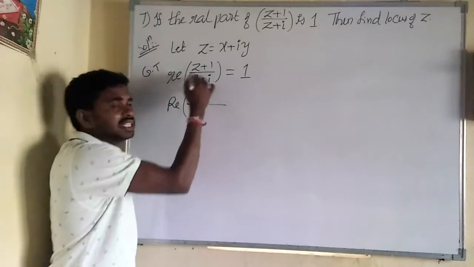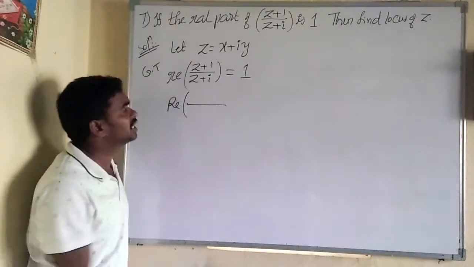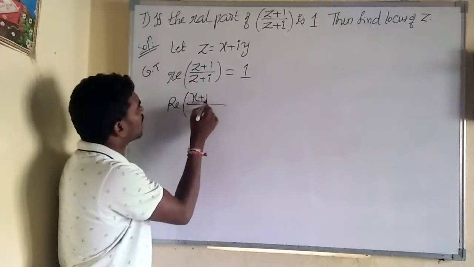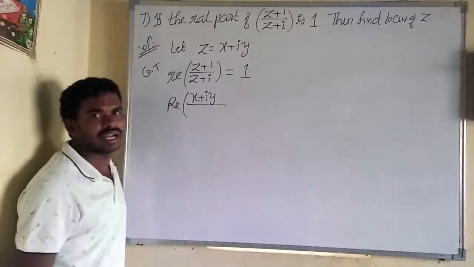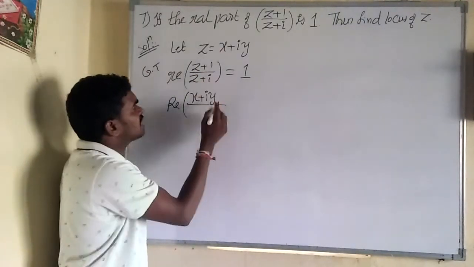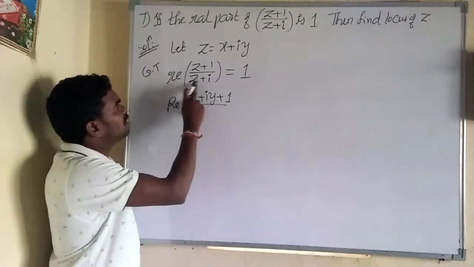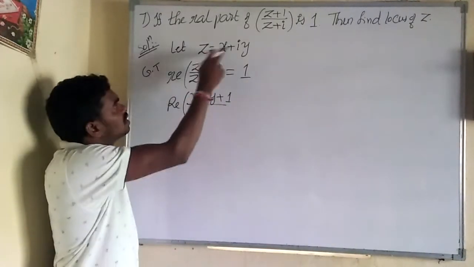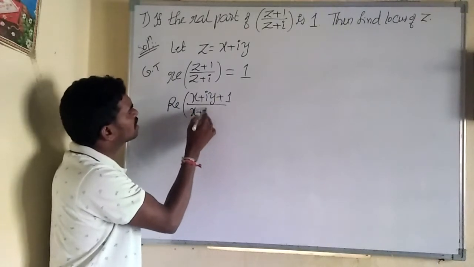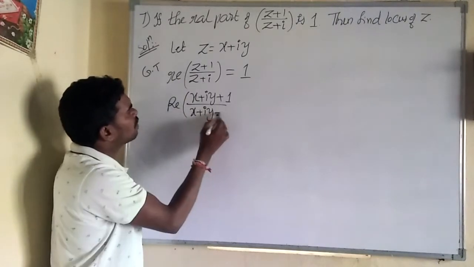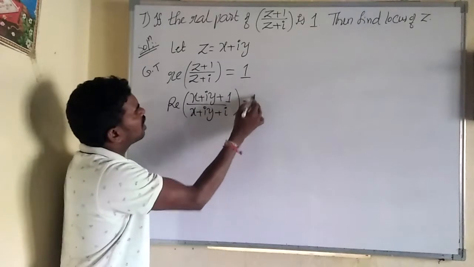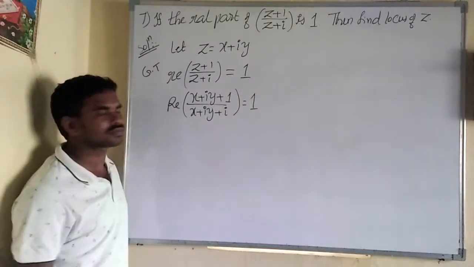You have to simplify this. What do you mean by z? z means x plus iy. And then the remaining: plus 1, write as it is, by z plus i. z means what? Yes, very good, x plus iy. Then plus i is equal to 1 as it is.